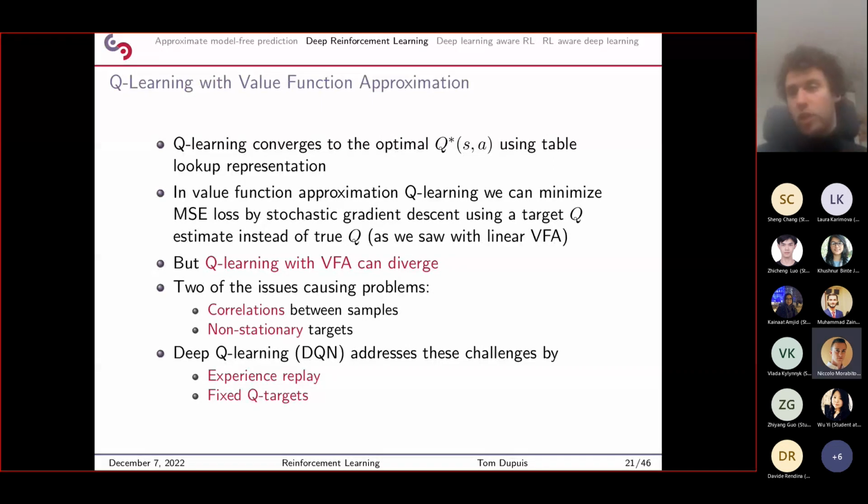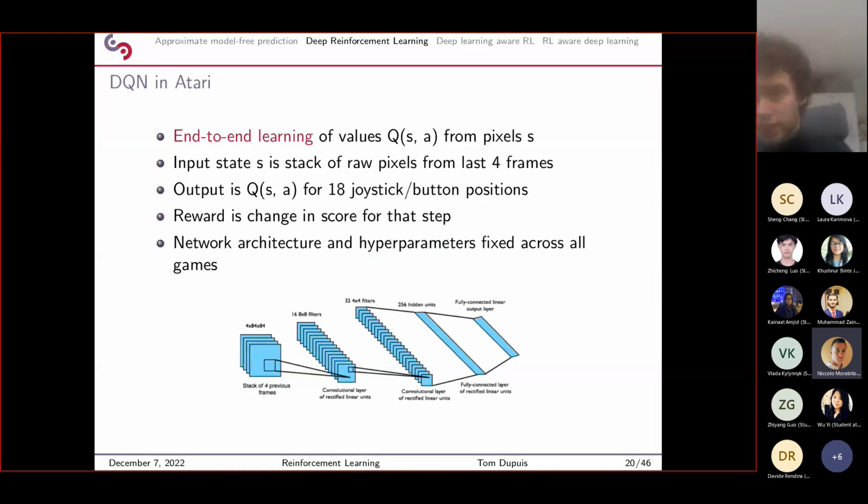When we have a value function approximation, regarding the 2 options that you provided before for the output layer, can you repeat them and also relate to this example, to the architecture in Atari? Yes, good question. So the 2 options were either, in this case, you only give the state, which is the last 4 frames.